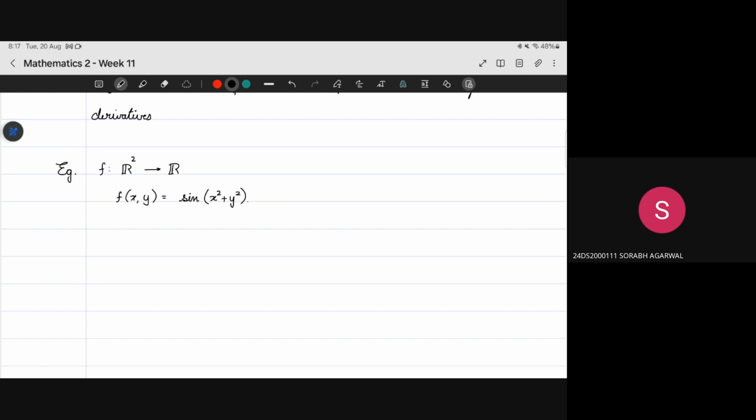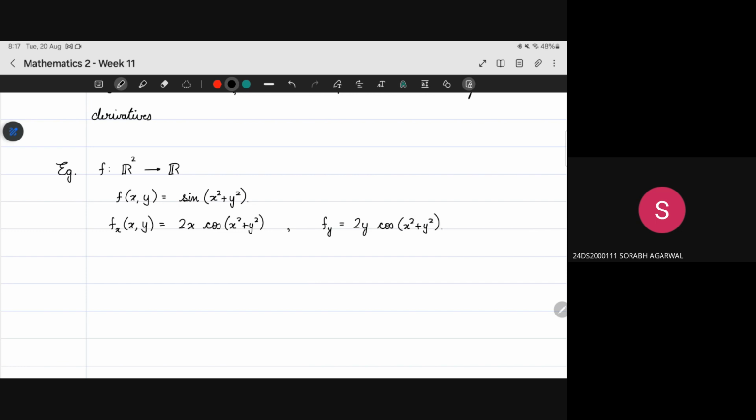I'm not going to write that down, but for a complete answer, you have to make sure that all of that happens first. So what is f_x at (x, y)? This time it will be 2x cos of x squared plus y squared. And f_y is 2y cos of x squared plus y squared.